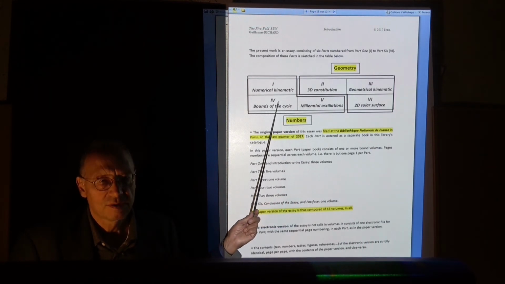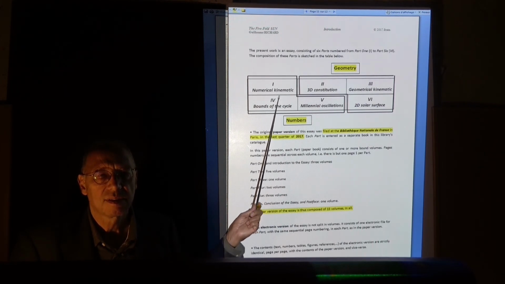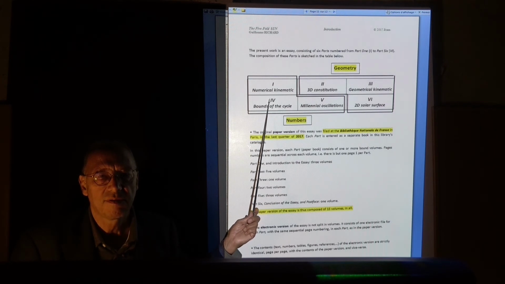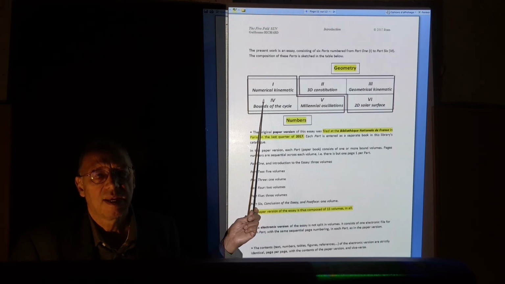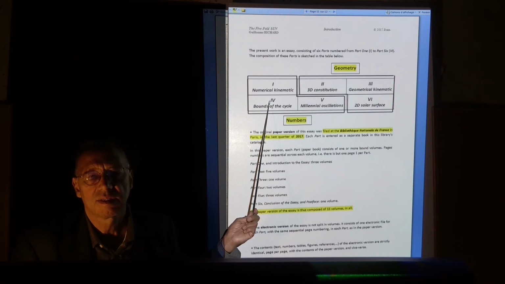In the fourth part, we deal again with time approach of solar behavior, and we try to define bounds to the solar cycle, which means lengths of the solar cycle that are characteristic of its behavior that are longer than about 10 to 11 years, and other cycles that are also statistically characteristic and are shorter than 10 to 11 years.